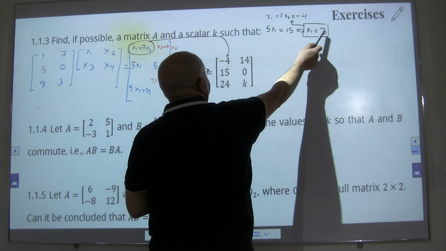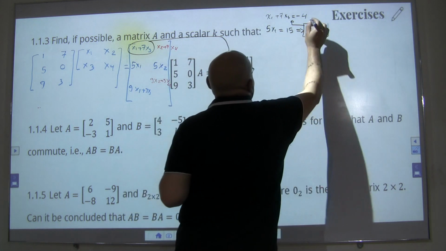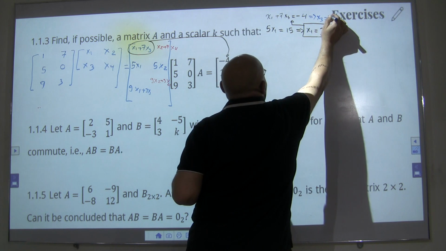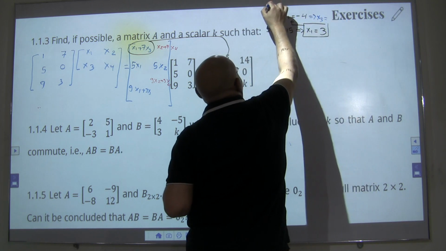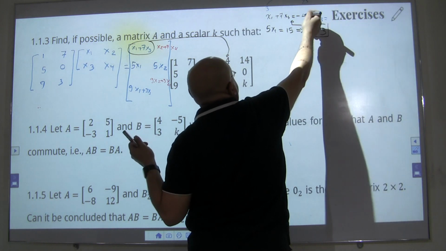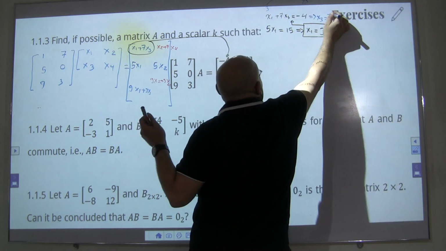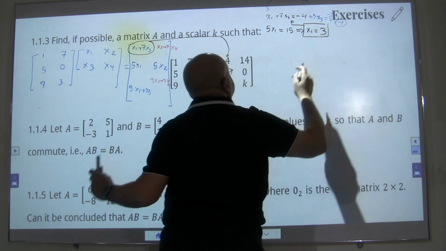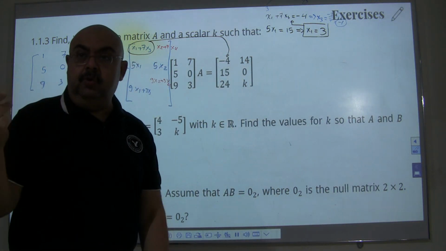Replace x1 by 3. Then 7x3, when I put 3, I will move it to the other side. It's going to be -3 plus -4, so -7 over 7, so x3 is -1. Now you know x3 and you know x1.